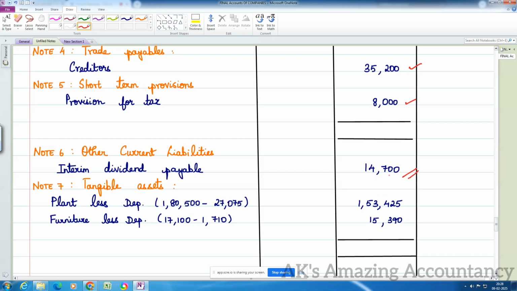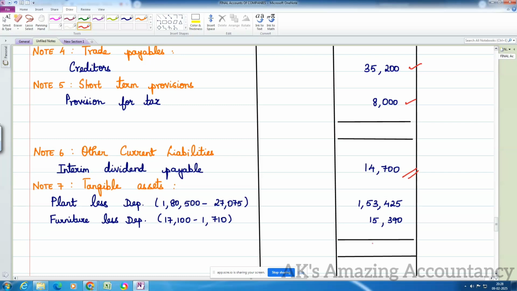So we made an appropriation of this out of the share capital. Now it becomes a current liability. Why? Because it is payable. Okay, interim dividend is payable. So under other current liabilities, we are recording 14,700 interim dividend payable, which is nothing but 6% of 2,45,000, which is the share capital after deducting calls in arrears.